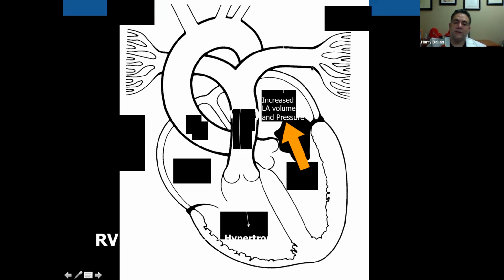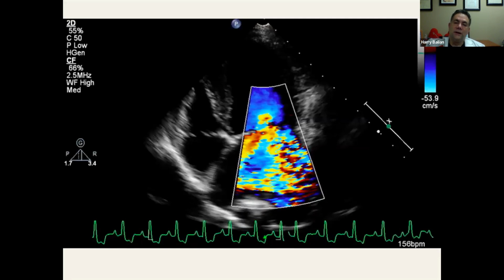The pulmonary venous system becomes heavily congested, and patients then develop heart failure and pulmonary edema. In time, as the left atrium enlarges, mostly above 4.5 cm, that predisposes patients to atrial fibrillation. A lot of the MR patients with left atrial enlargement also have atrial fibrillation.